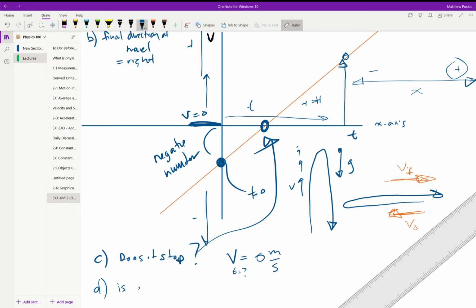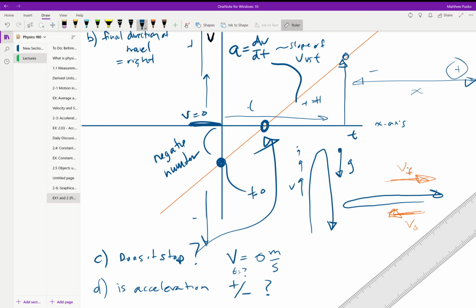Is the acceleration positive or negative? Well, we should know by now that the acceleration is literally equal to dv/dt, which is the slope of the velocity versus time graph.